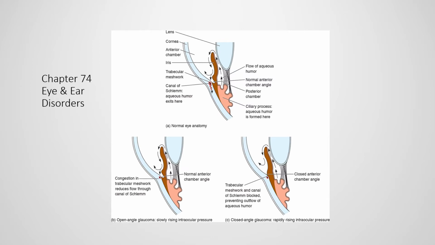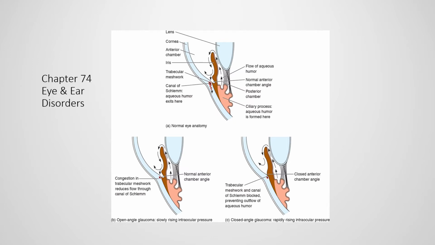If you look there, that's just a normal anterior chamber angle, and that's just how that person was. Most of us are made that way, with a normal angle between the cornea and where it meets the iris. And then you have the aqueous humor that drains into the trabecular meshwork. So that's normal anatomy.